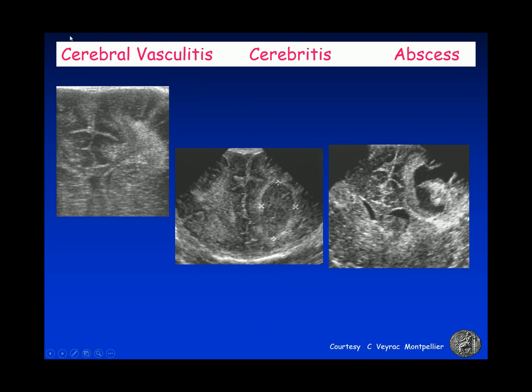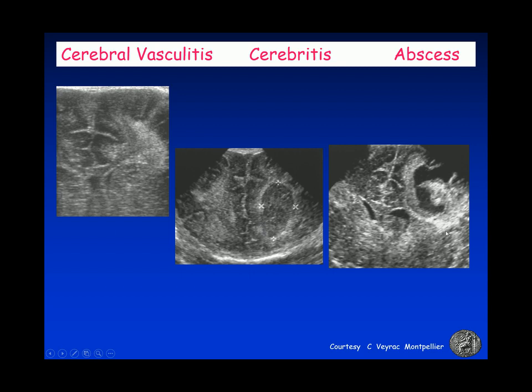Cerebral vasculitis may lead to cerebritis, and cerebritis may lead to abscess formation. And here you see this hyperechogenic area, which progresses to a low echogenicity area, well limited, and progressively you see the liquefaction of this lesion.